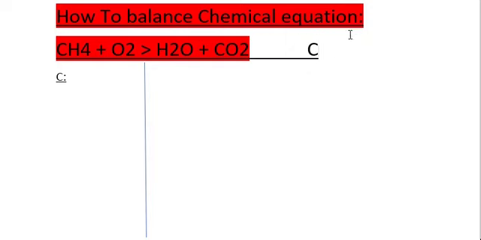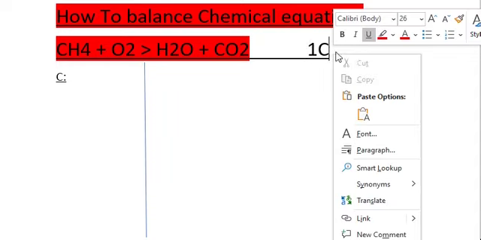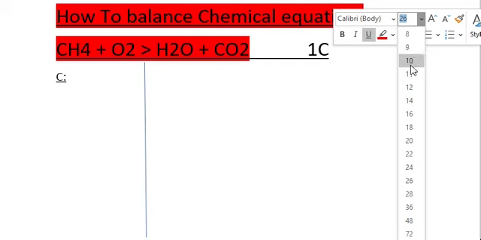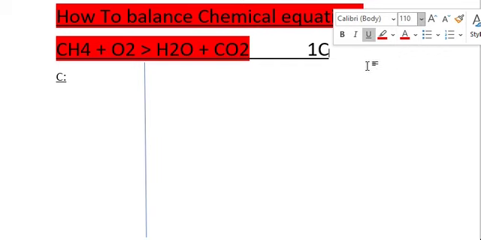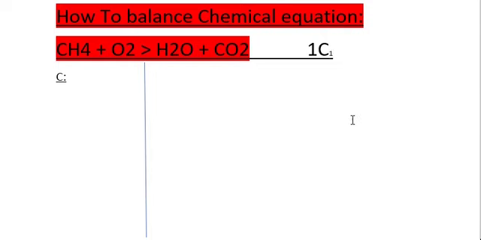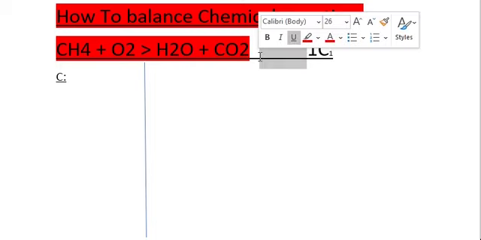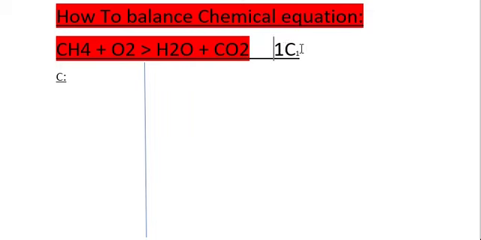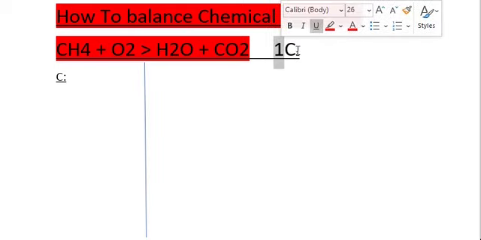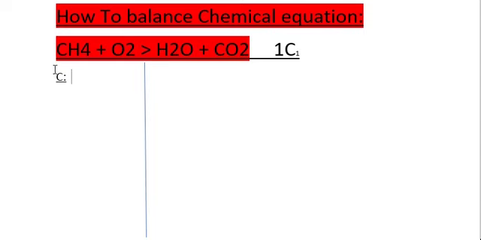This is C. There's nothing behind it, but that means there's one here, and then there's a small one here. If there's something like this, these two numbers are to be multiplied. 1 times 1 is 1, so I'm going to write 1 here.